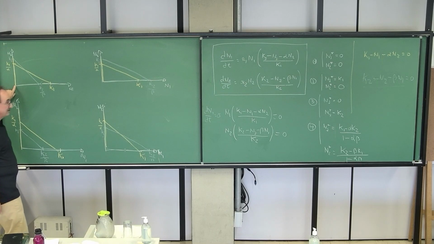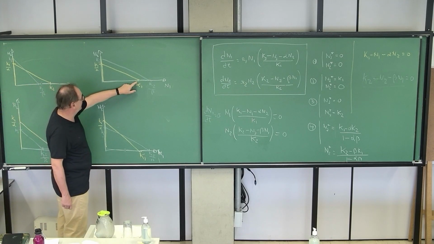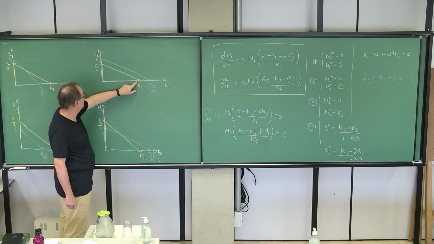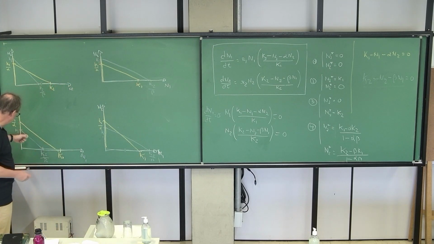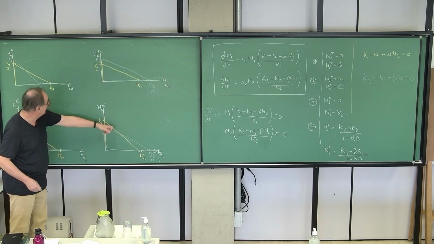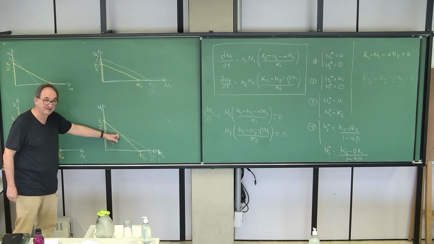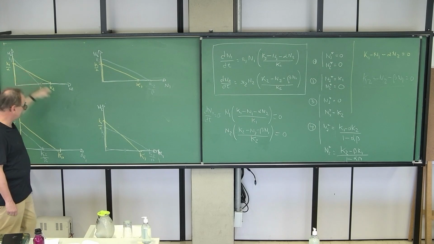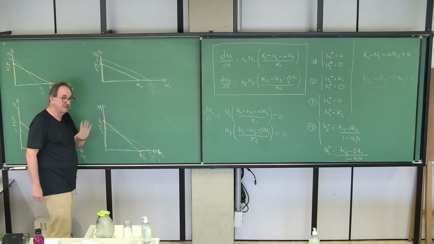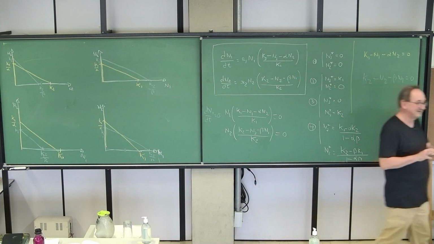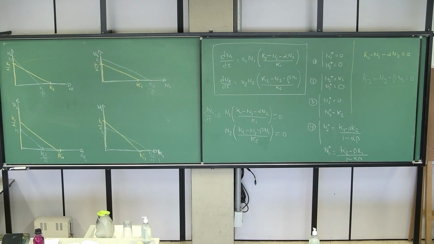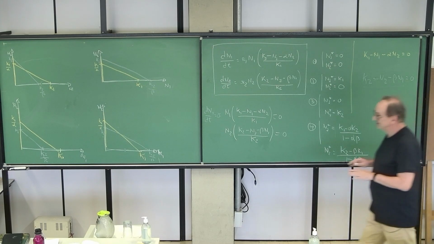This is the 0, 0. Here, okay? And here. And in some cases you have the interception here. These are the cases of coexistence. But we don't know if it's stable or not. And now by drawing things, we will come to the conclusion of what is stable and what is not stable.